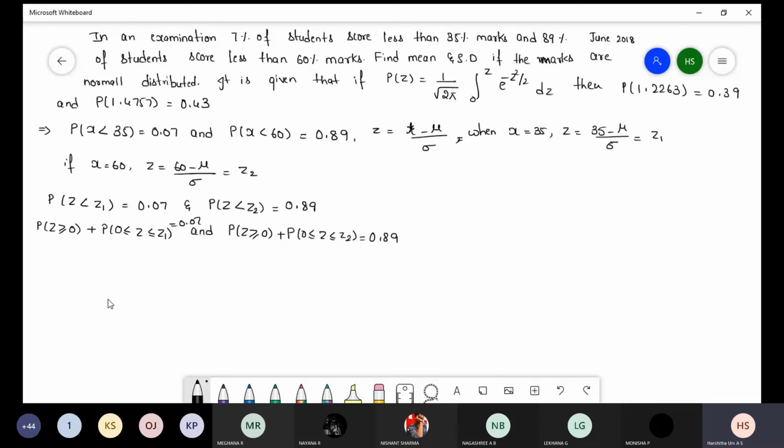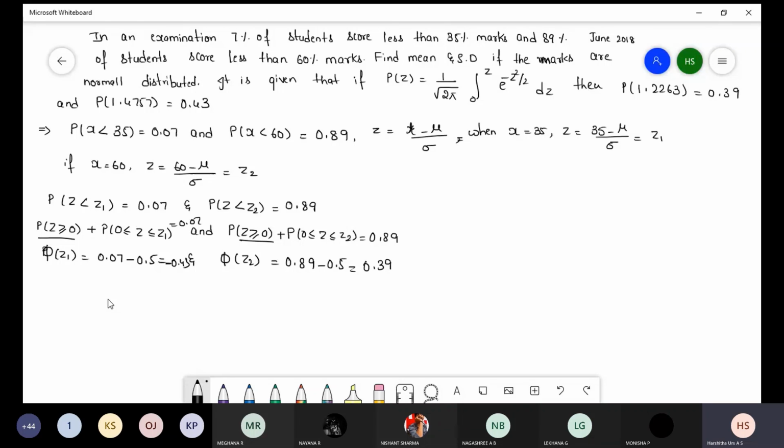So we can call this one phi of z1 is equal to 0.07. This value is 0.5 and phi of z2 is equal to 0.89 minus 0.5. So what do you get for this? 0.07 minus 0.5 plus 0.43 minus 0.43. Here 0.39.